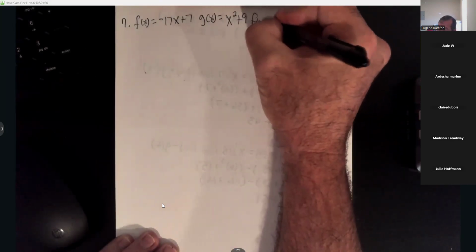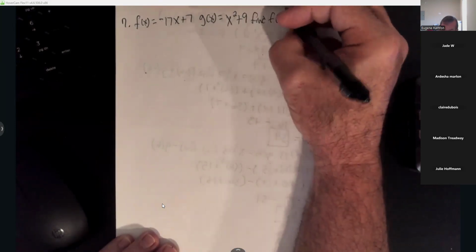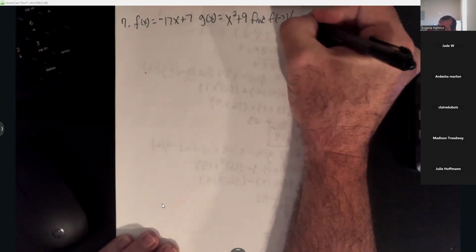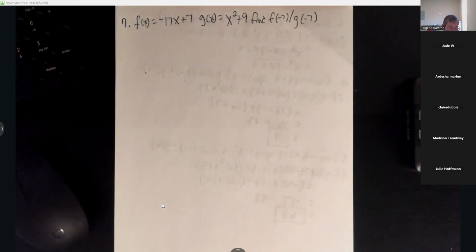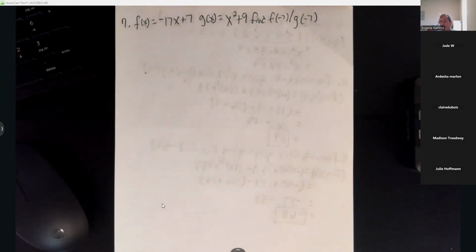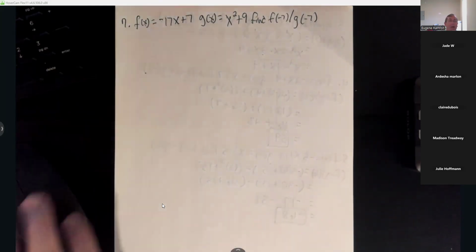We're going to find f of negative 7 divided by g of negative 7. So really, this one is one of the only ones where you're going to see any division, okay?